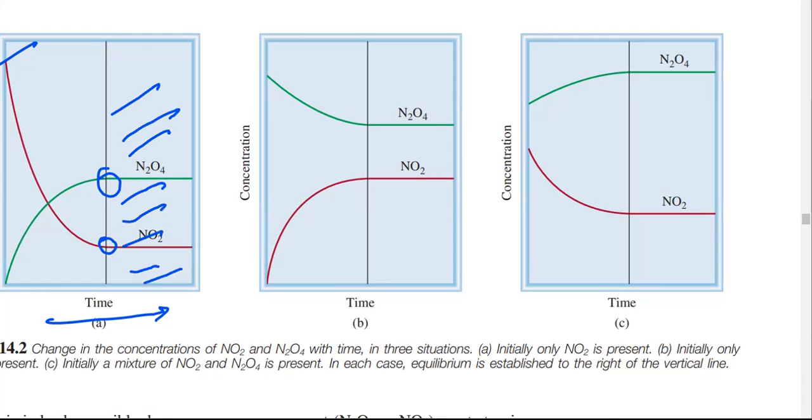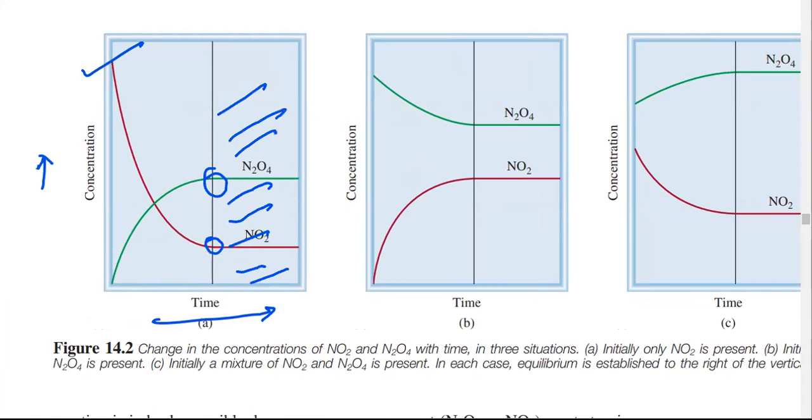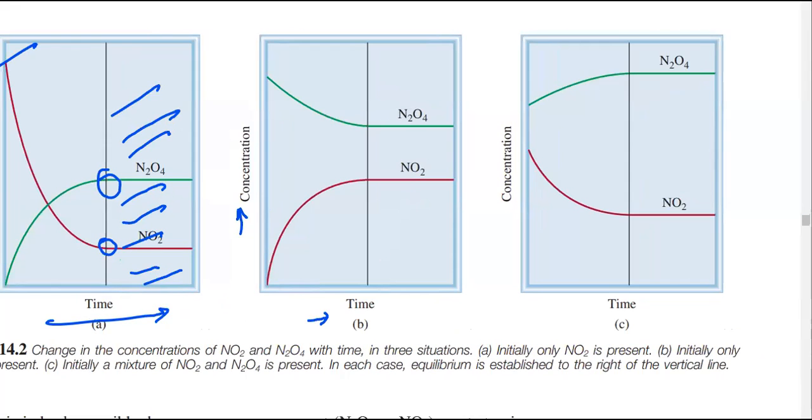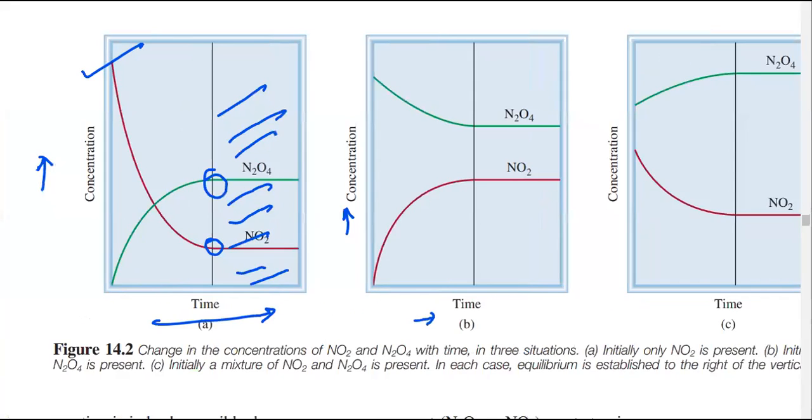In the second graph, with concentration on the y-axis and time on the x-axis, initially only N2O4 is present and it reaches this point. The entire shaded spot has constant concentrations of N2O4 and NO2.